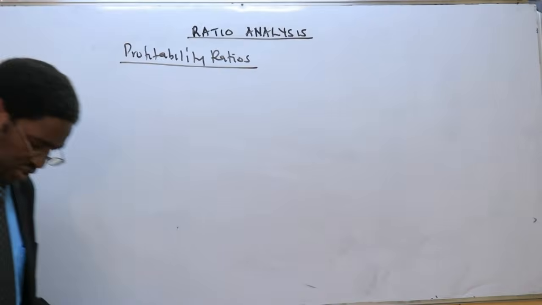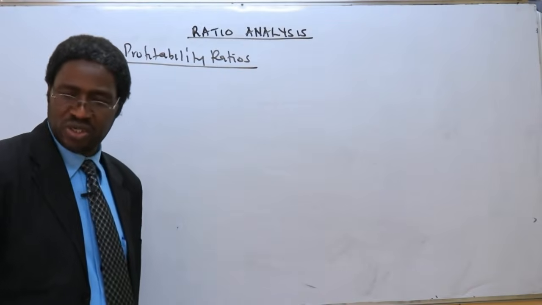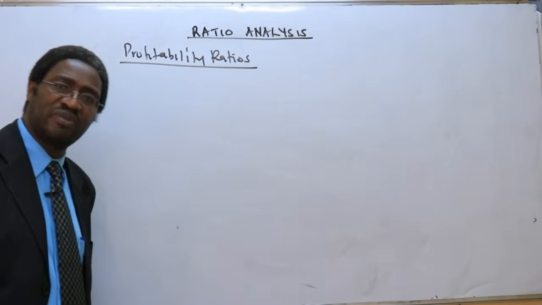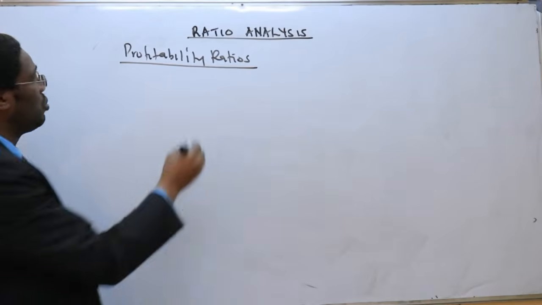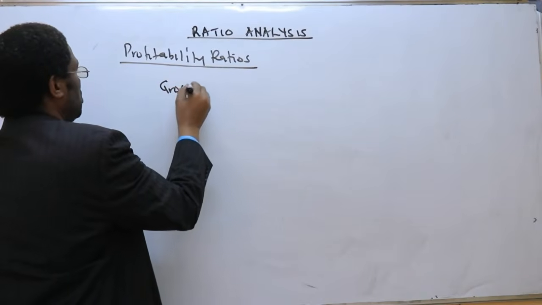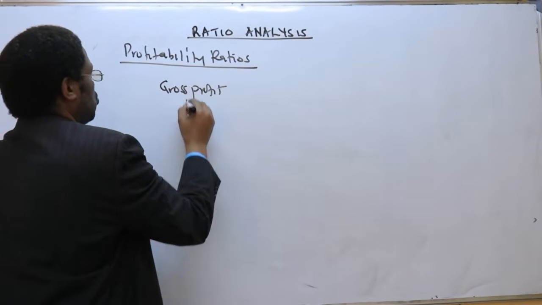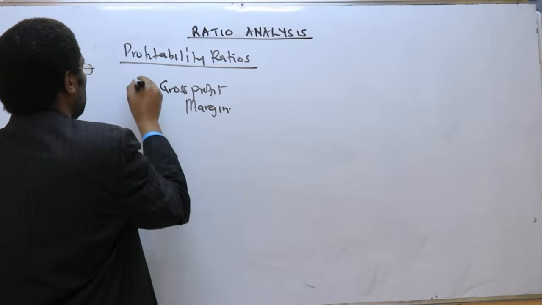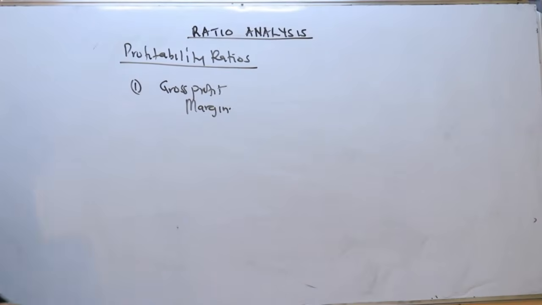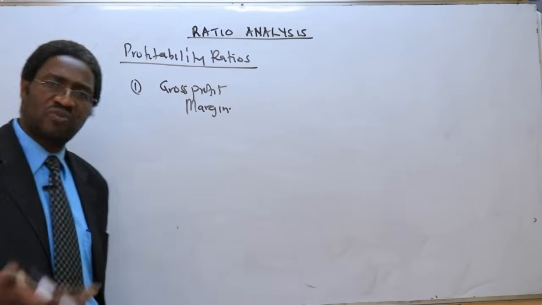Some of the ratios under this class are common ratios, so one should be able to calculate them even by now. When I tell you to calculate gross profit margin, that is a simple ratio. So how do you get it? Gross profit margin is one of the profitability ratios.